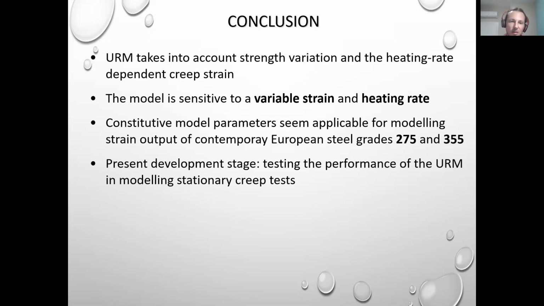The constitutive model parameters, which are presented in the research papers but not in this presentation, seem applicable for modeling European steel grades 275 and 355, as presented in the previous slides. The current development stage is to test the performance of the unified rheological model in modeling stationary creep tests, as presented in the previous slides.